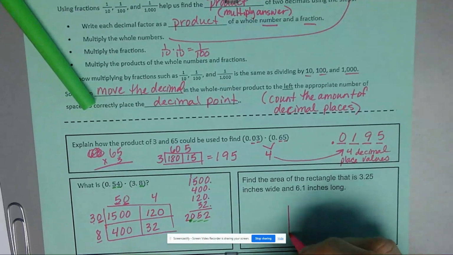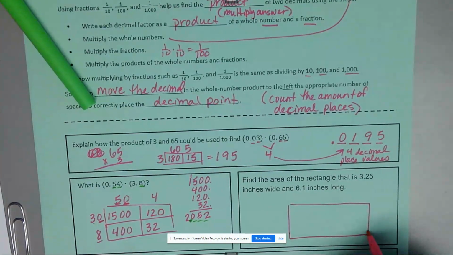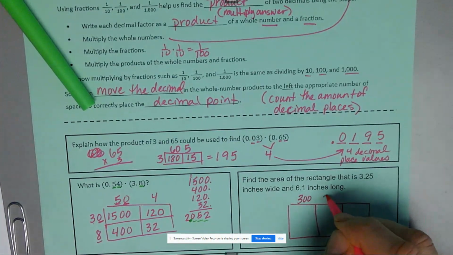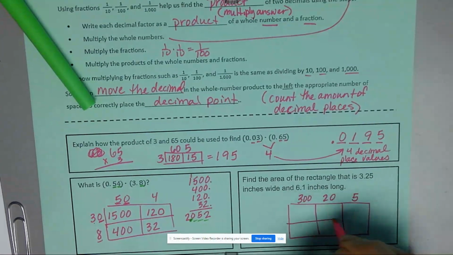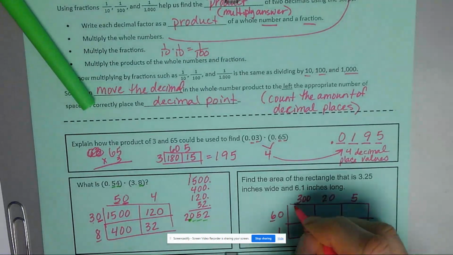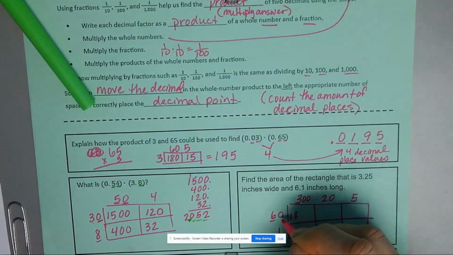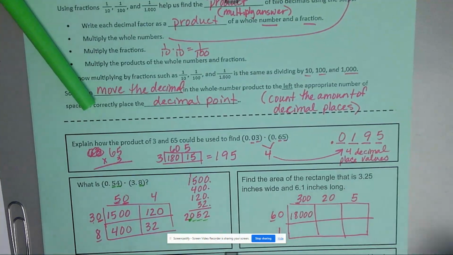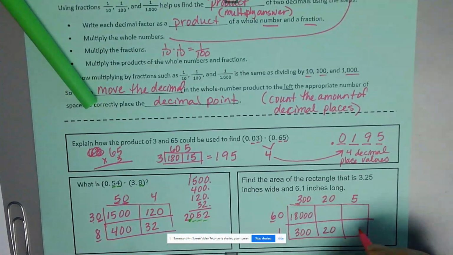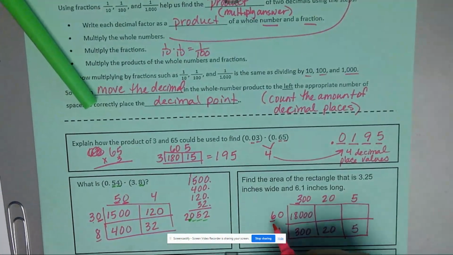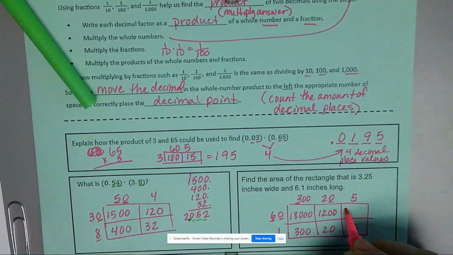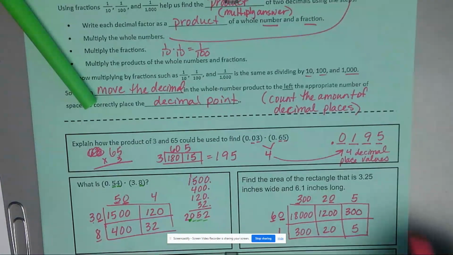Okay, I can use the same idea to do this rectangle. 325 times 61. Make sure you finish this before you go on. 6 times 3, 18 with 1, 2, 3 zeros. I probably should have written smaller. 300. 1 times 20. 1 times 5. 6 times 2 is 12 with 2 zeros. 6 times 5 is 30 with 1 extra 0.